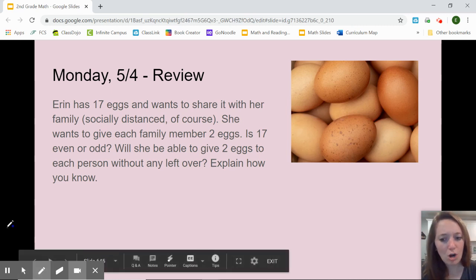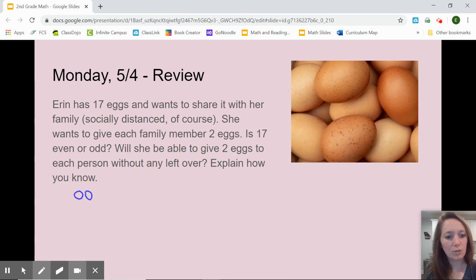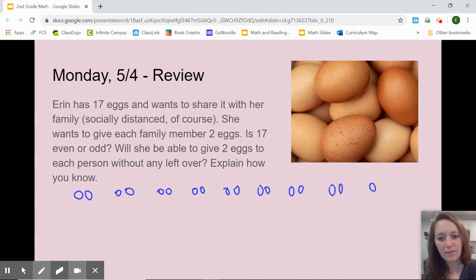So I'll just draw little circles to show my eggs. 1, 2, 3, 4, 5, 6, 7, 8, 9, 10, 11, 12, 13, 14, 15, 16, 17. So it looks like 1 egg didn't have a partner. It didn't have a pair.